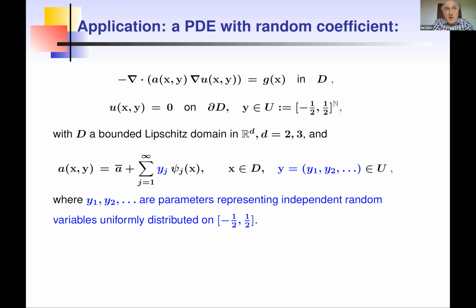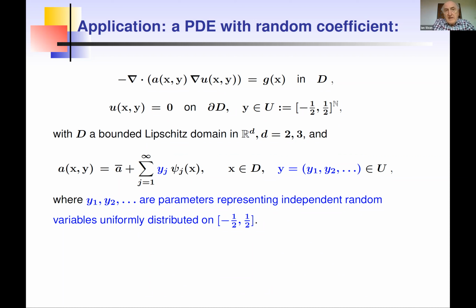This kind of model is very commonly used in hydrology, in underground water flow. So u here is the pressure in underground water flow. D, I should have said, is 2 or 3 dimensions. This is the physical domain. There are 2 variables here, x and y. x is in the physical domain, and the y are random variables.